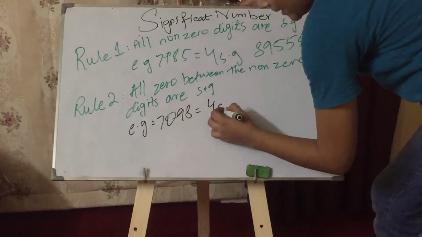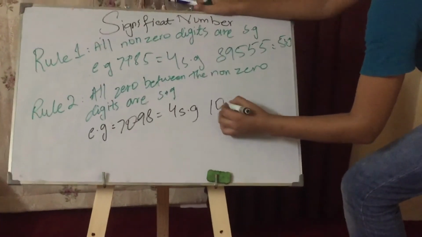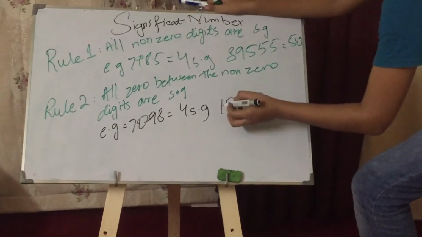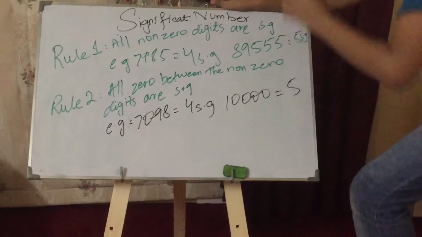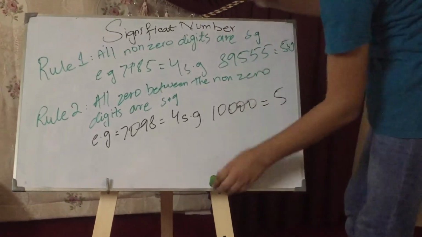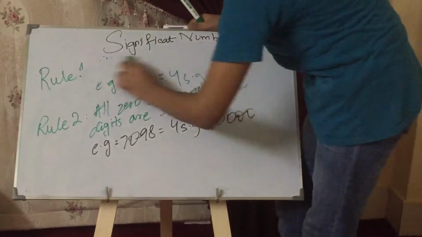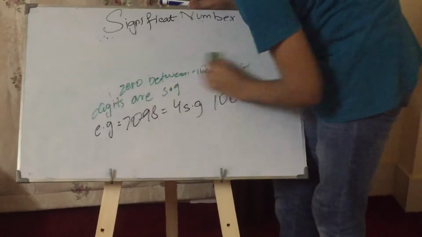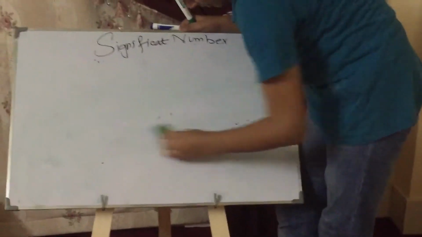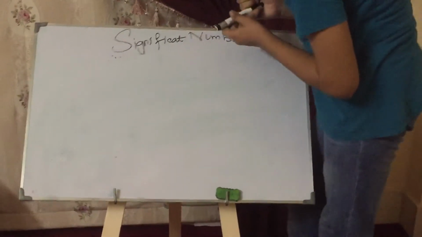There are 4 significant numbers. We will count the 0 as well. And then 5 significant numbers. So these 2 rules are done. These 2 rules are very easy. I know that you would have understood them.